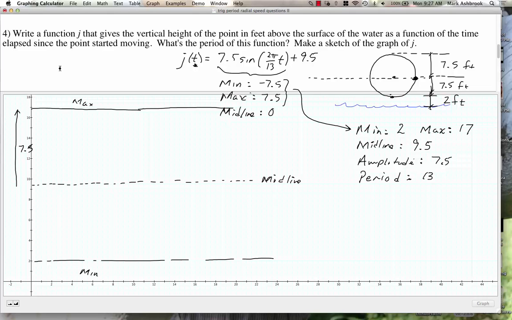And the period is 13. So we come over here, here's 13. And so we mark that off. And then what do we do to help us sketch this graph if the period is 13? 4. We're going to break up into 4 pieces. There's the 4 quadrants of one full rotation. So 13 divided by 4 is 3.25.